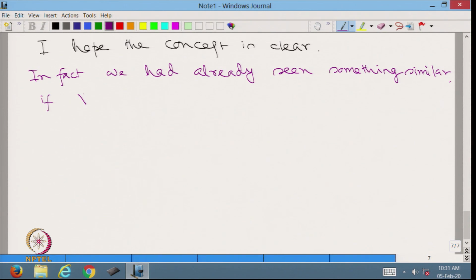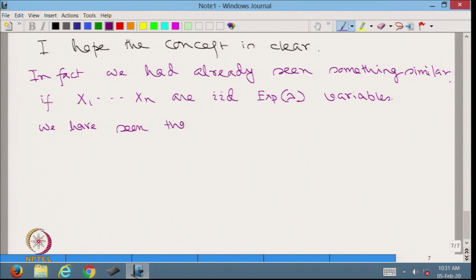If x1, x2, ..., xn are independent, identically distributed exponential lambda variables, we have seen that the minimum of x1, x2, ..., xn is distributed as exponential with n lambda.